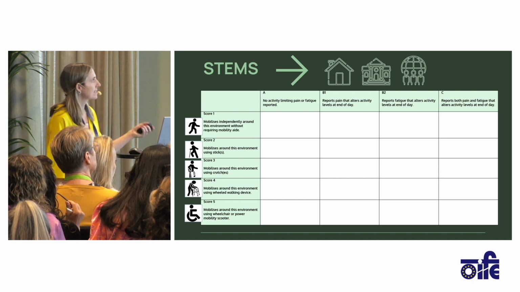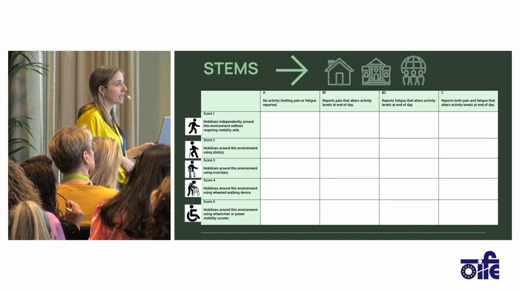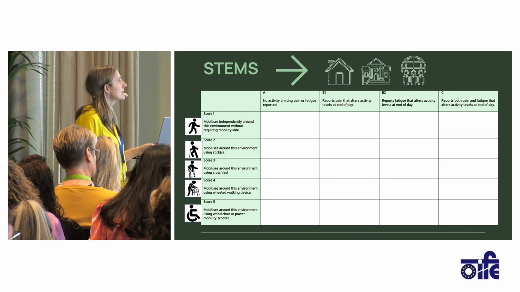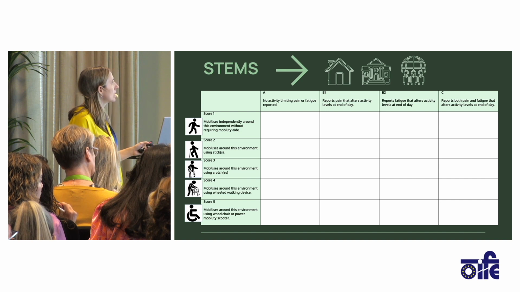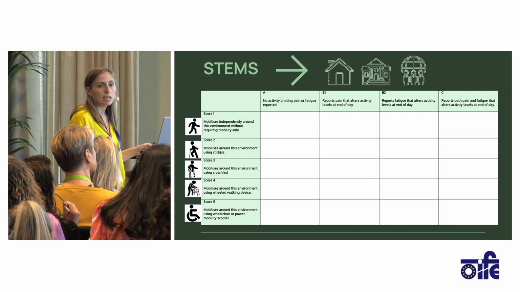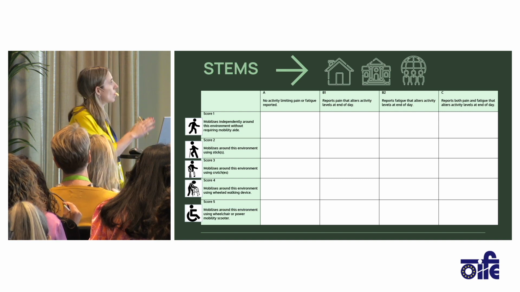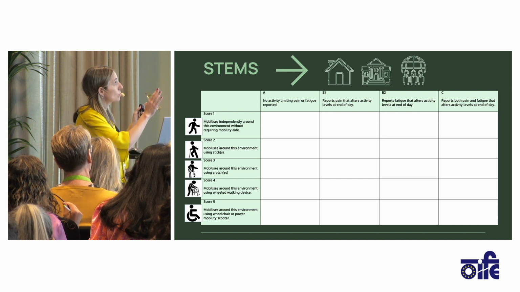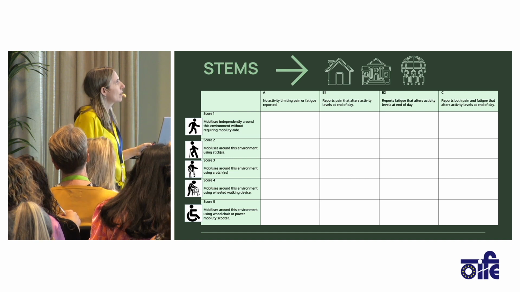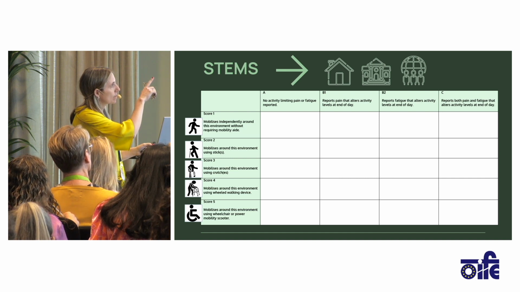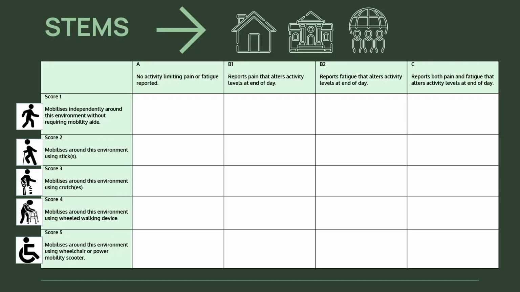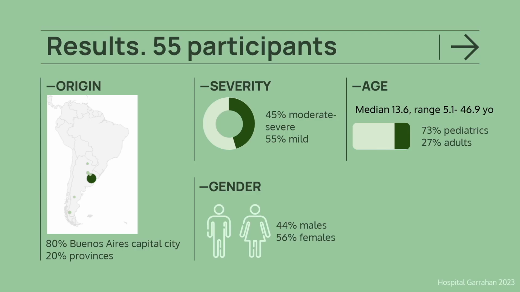So it asks if you are limited by pain or by fatigue or by both things. And it also asks about the mobility devices, if the participant is using or not different mobility devices. So already in a chart you have 2 or 3 big pieces of information, and also you ask in different settings. You can see at home, at school or work, or in the community in real life and moving everywhere.